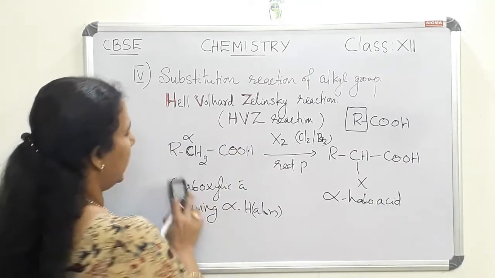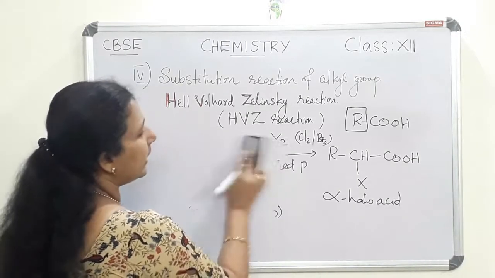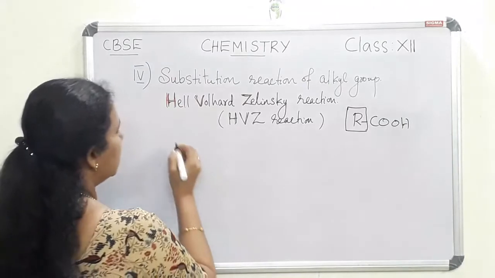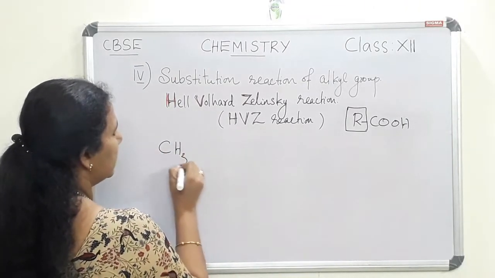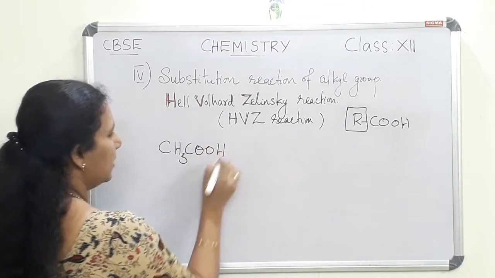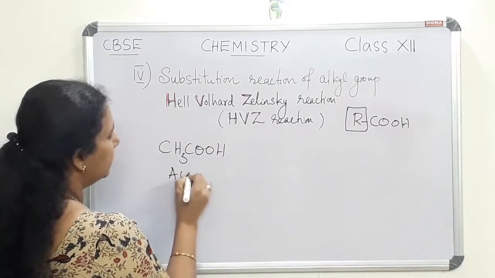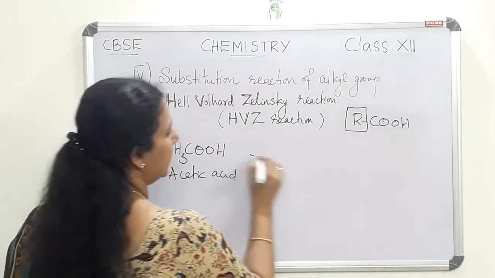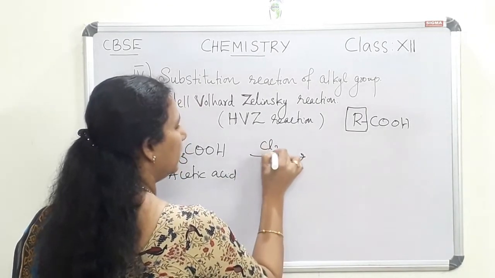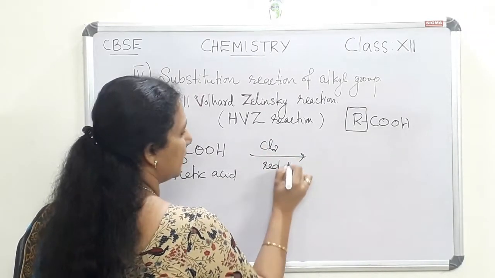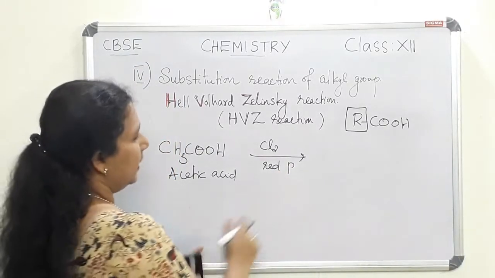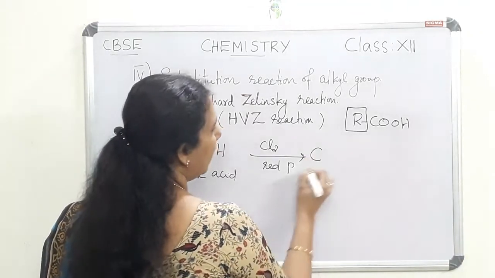So let us take one example. In the case of acetic acid, CH3COOH, if this is halogenated, if we are taking chlorine in presence of red phosphorus, we will be getting an alpha halo acid.